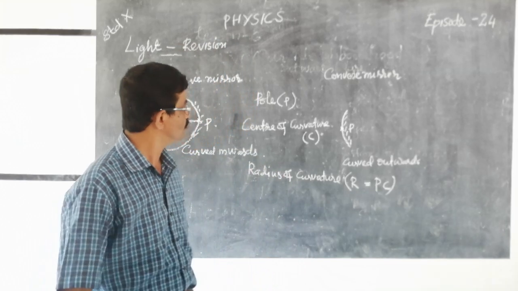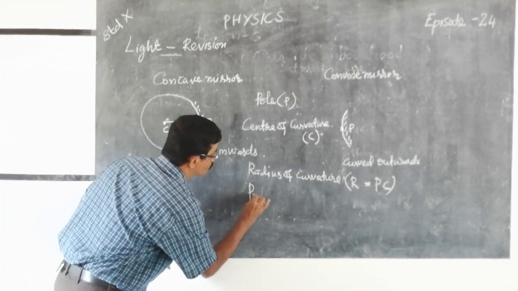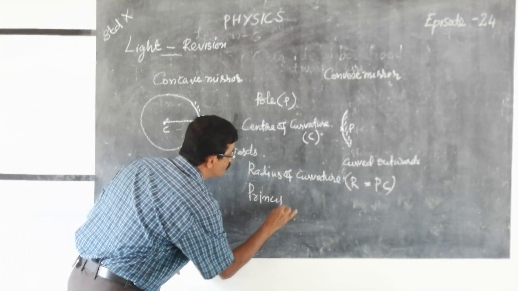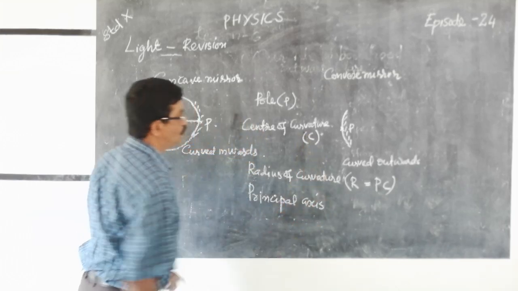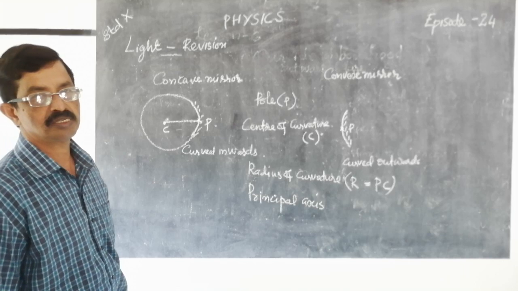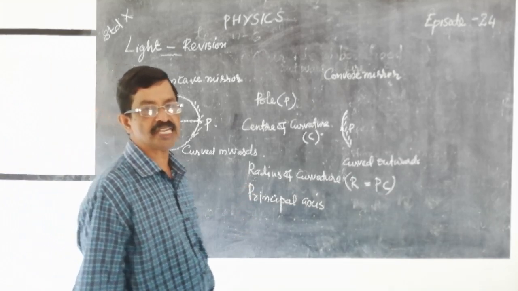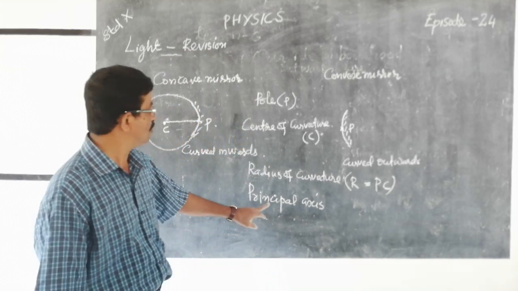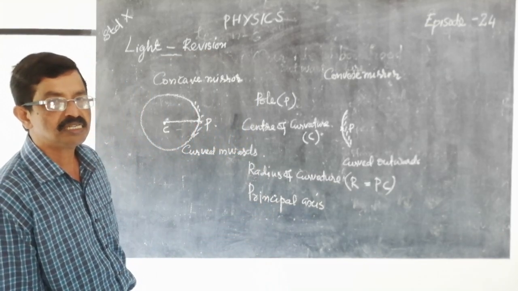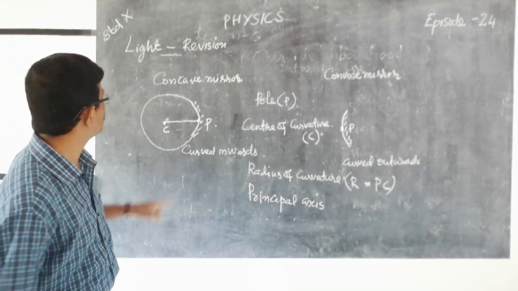Then another term, this is the principal axis. Can you remember what is actually principal axis? Principal axis is the straight line passing through center of curvature and pole in this way.